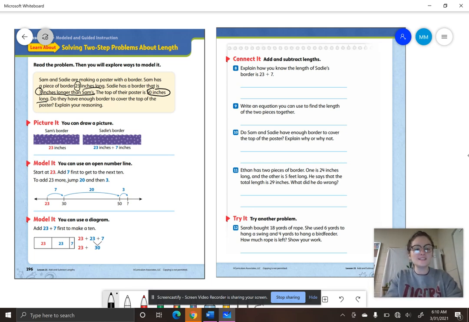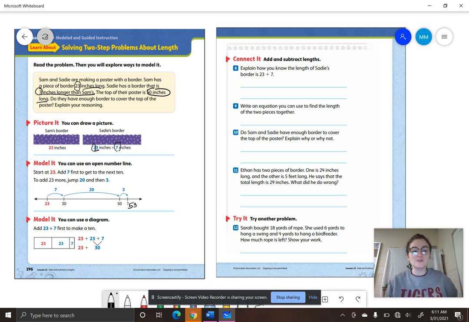So we're going to start at Sam's border. We're going to add the 7 inches to get to 30. Then we add 20 and 3. So 30 plus 20 is 50. And we can't forget those 3 ones. 50 plus 3 would make a whole of 53.